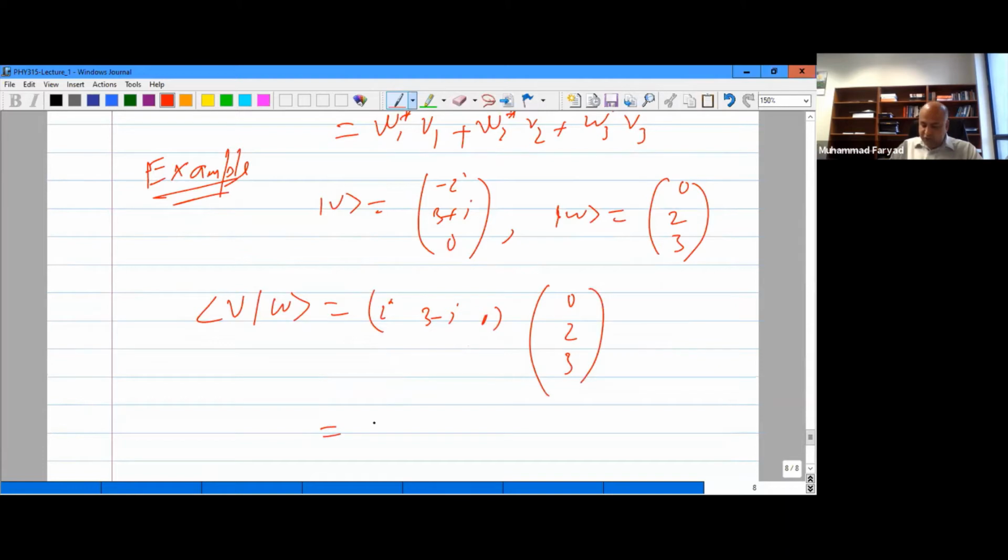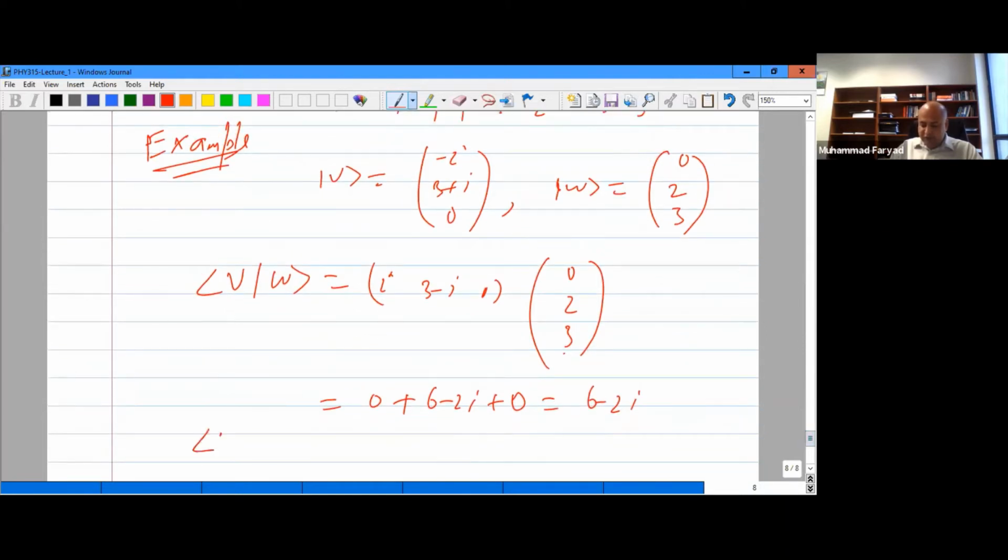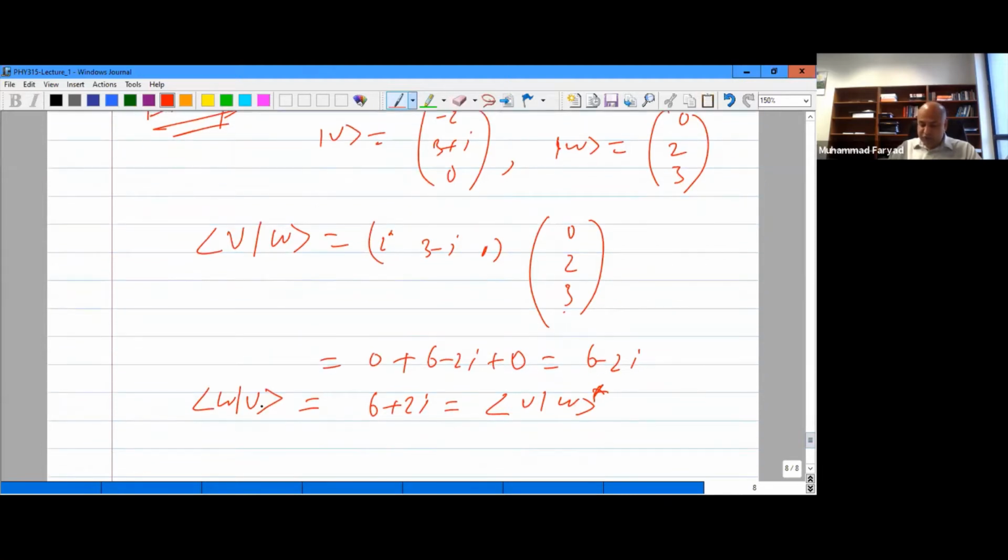So iota into 0 is 0. 3 minus iota into 2 is 6 minus 2 iota. 0 into 3 is 0. So this becomes 6 minus 2 iota. And by the way, you can see that if we had evaluated W into V, this would have come out to be 6 plus 2 iota, which is just the complex conjugate of VW. So if you switch the positions, the answer is conjugated.